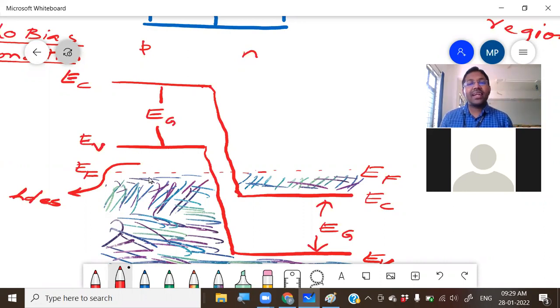So keeping this visualization in mind, we are representing it diagrammatically, that is this energy band diagram. First, Fermi level is constant, and in the valence band there are holes. So definitely on the P side, the valence band we have to draw higher than the Fermi level.